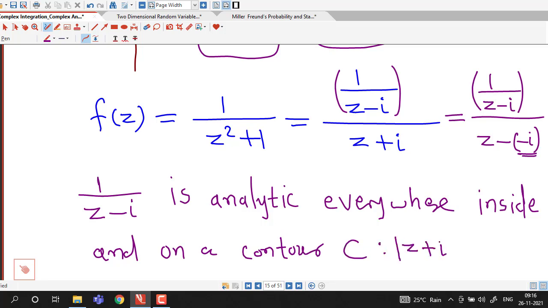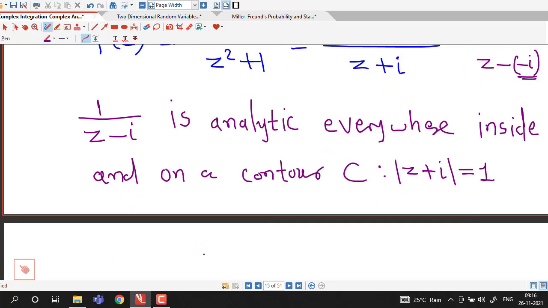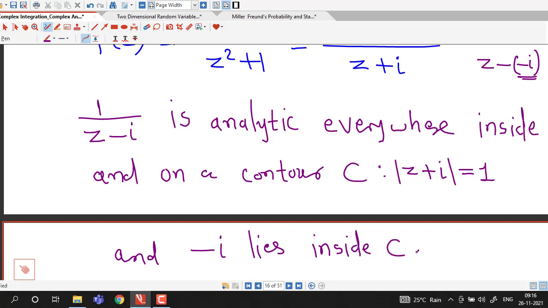It is a circle with center z equal to minus i and radius 1, and this minus i lies inside C.